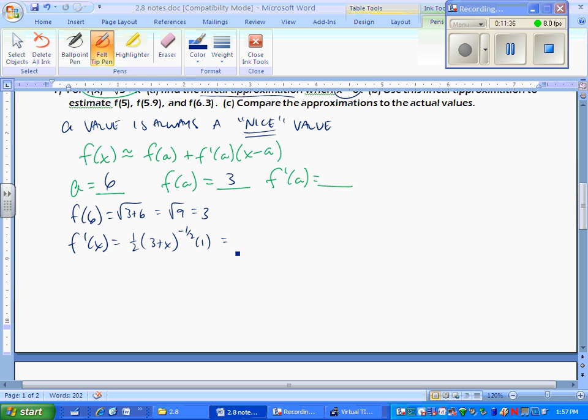So we can rewrite this kind of like earlier. 1/2, so 1 on top, 2 on the bottom. 3 plus x to the negative 1/2 means the square root of 3 plus x in the denominator. So there's our derivative. But we need to find the derivative when x equals 6. So 1 over 2 times the square root of 3 plus 6. We're going to end up with square root of 9, which is 3, times 2. We get 1/6 for the derivative of f of a.